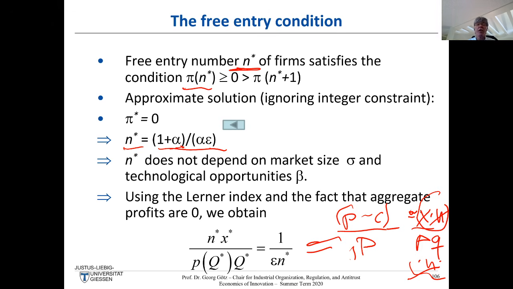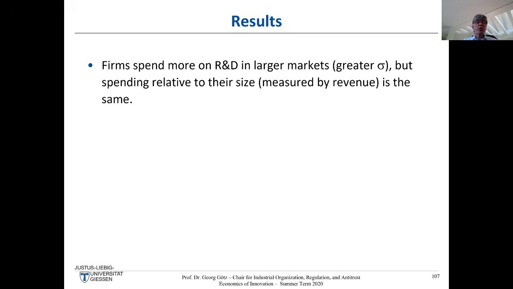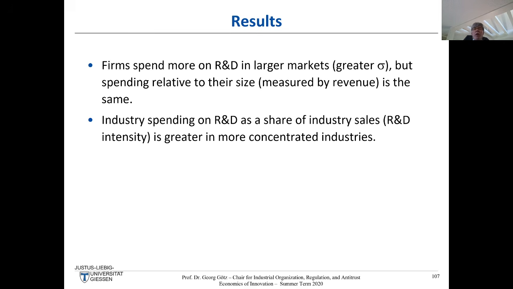Okay, again, I think it's good if I show you a diagram. Hopefully, here I first tell you the results which are already derived by means of the equations. First, firms spend more on R&D in larger markets. That was the greater sigma I discussed, but spending relative to their size is the same. That's what I just derived.